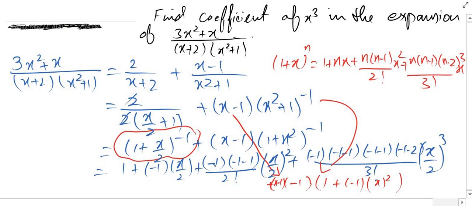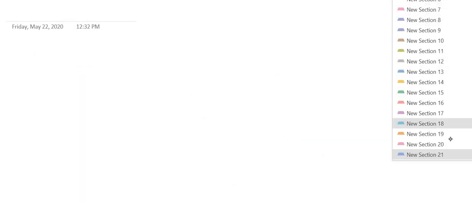So minus 2 into minus 1 is plus 2. So 2 over 2 factorial will cancel, and this is x over 2 square. So it will become x square over 4.